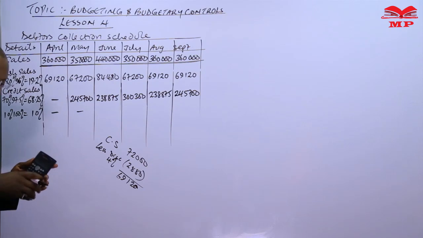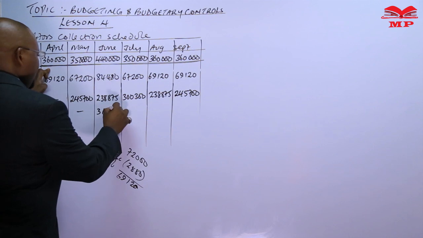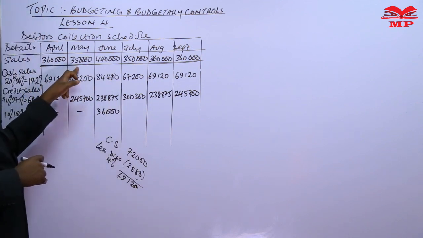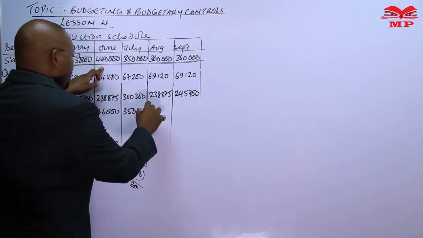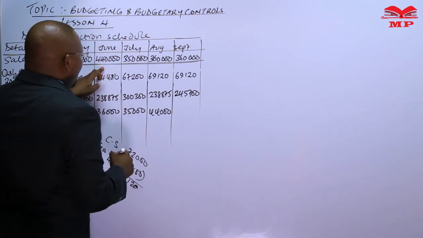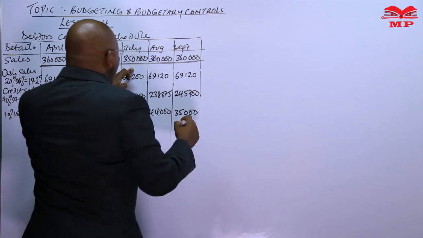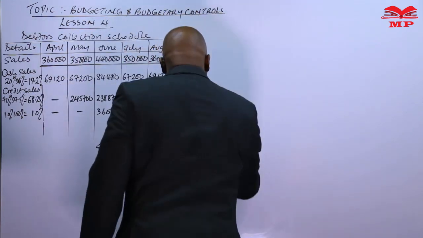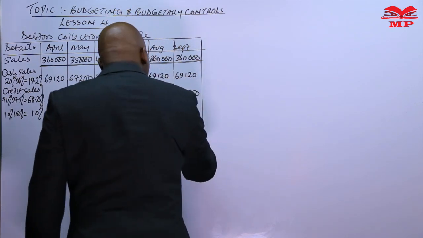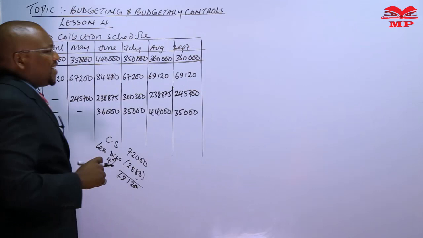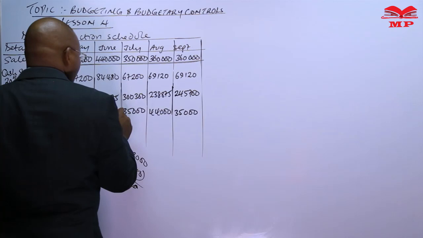So therefore, we'll be having 10% of this 360, which is 36,000 collected 2 months after without discount. 10% of 350 is 35,000 without discount. 10% of 440 is 44,000 collected 2 months later without discount. 10% of this is 35,000 2 months later without discount. And that tells you that by the close of the period, we will not have received the collection of the months of August and September concerning the 10%. And that's all.